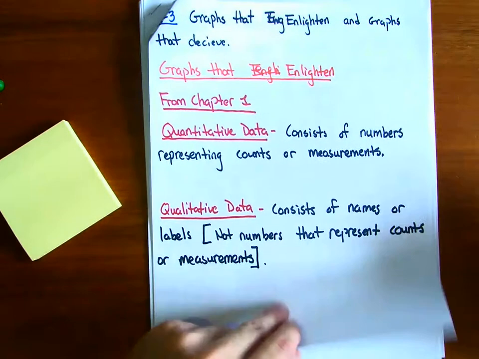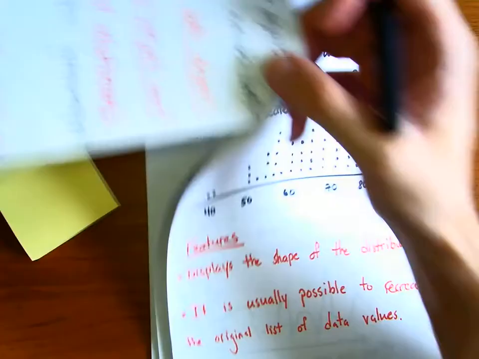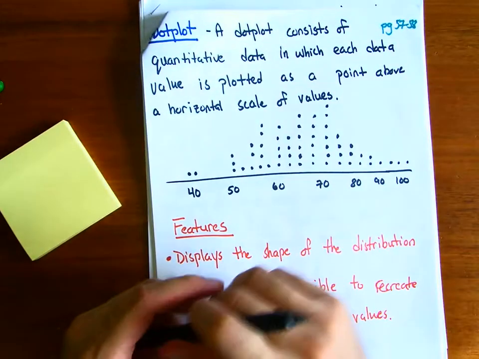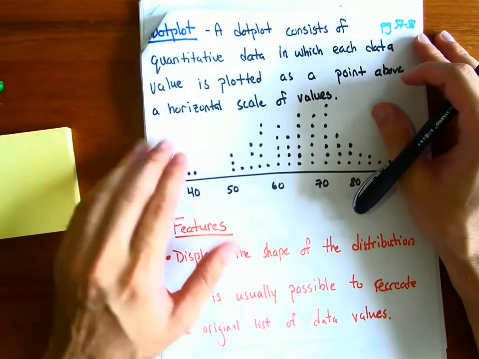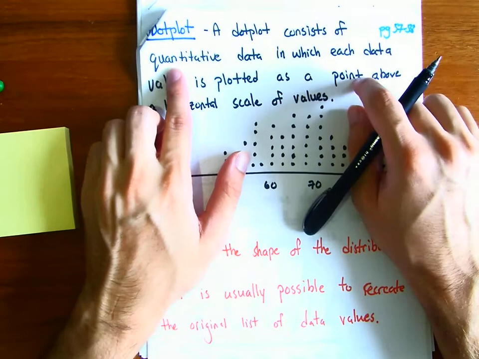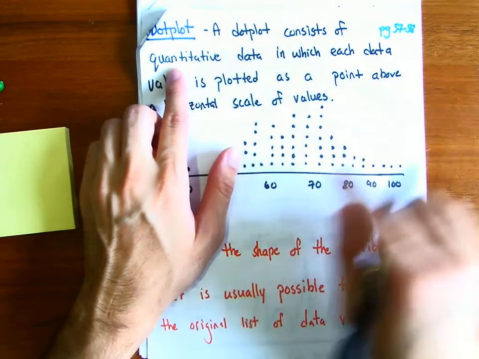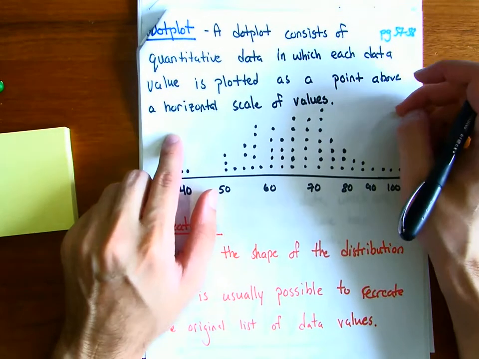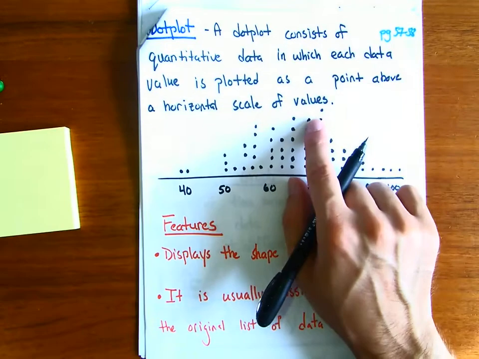Next part. The first type of graph that we could talk about, I'm not sure if you've seen this before, is a dot plot. It consists of quantitative data, numerical measurements in which each data value is plotted as a point above a horizontal scale of values.